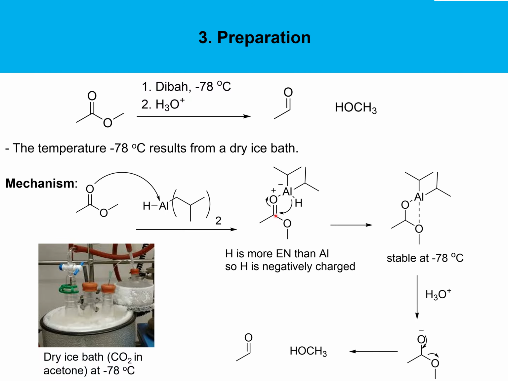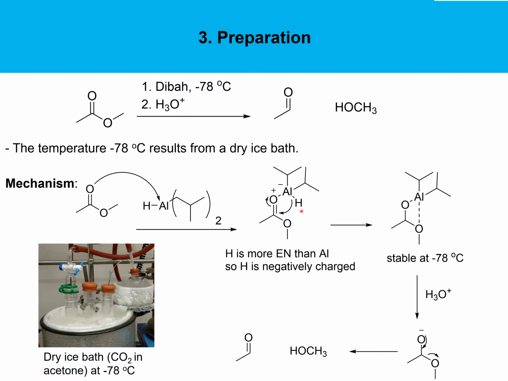There is now a partial positive charge on this carbon because there's a formal charge on the oxygen, and oxygen is more electronegative than carbon, so we prefer to have the positive charge on the carbon. So even though formally there's a positive charge on the oxygen, this intermediate behaves as if we had the charge on the carbon. And the hydride will attack the carbon and then break the double bond to give us our next intermediate.